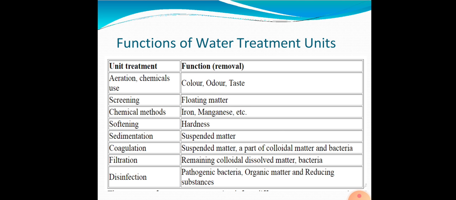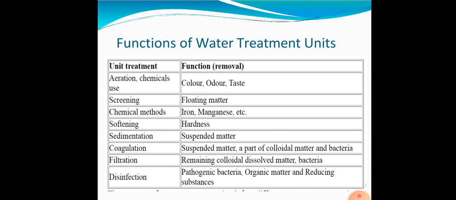Now sedimentation process, like I told you, it is a process to remove the suspended matter, and that is plain sedimentation. When it comes to sedimentation with coagulation, it also removes a part of the colloidal matter as well as some bacteria. Then coming to filtration, in the filtration process any remaining colloidal dissolved matter also may be removed, and it is one of the most important processes in the treatment of water.